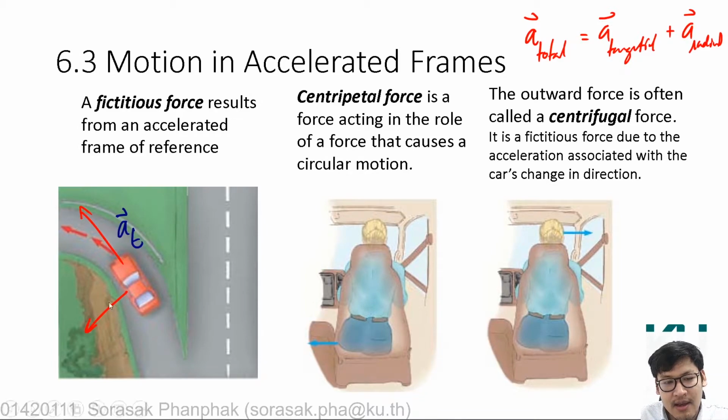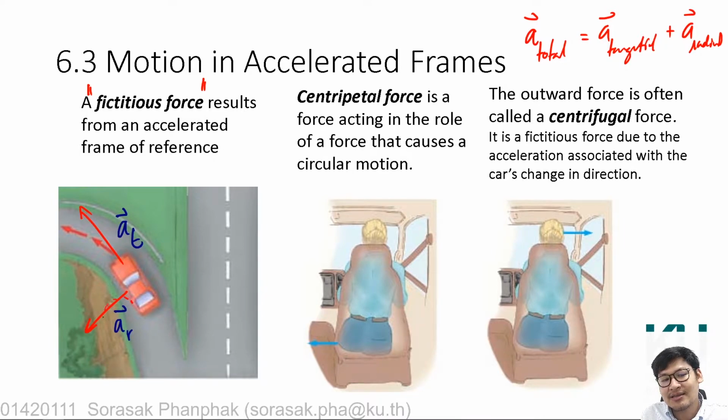And this is a_R. So what is happening here? When you're driving a car, you will feel a force going in a different direction, which in this case we call the fictitious force, as a result of the force pointing in a different direction from the centripetal force.